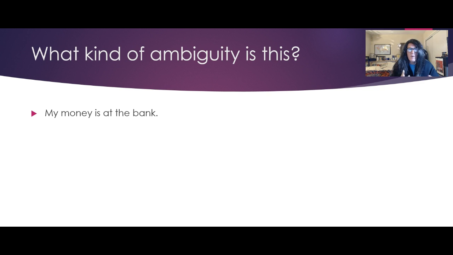None of the words or phrases per se are problematic, can mean more than one thing, but rather the way the words are strung together make it difficult to determine exactly what the writer or speaker would have meant had they said, "My money is at the bank." And then finally, there's a possibility that this is indeed semantic ambiguity, where there is a word or phrase that can mean one or more things, in which case we have to get rid of that ambiguity.